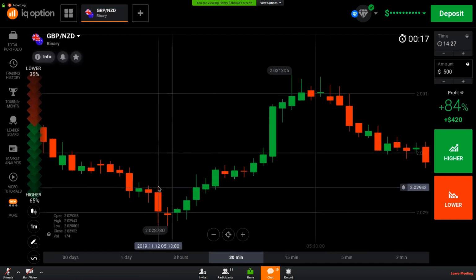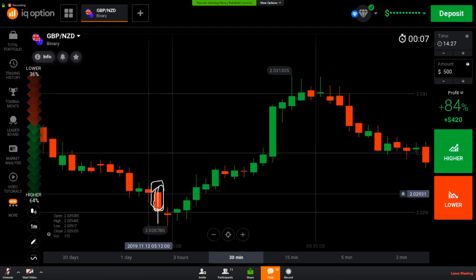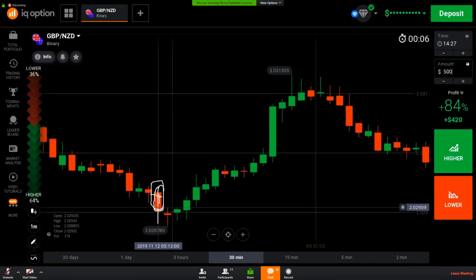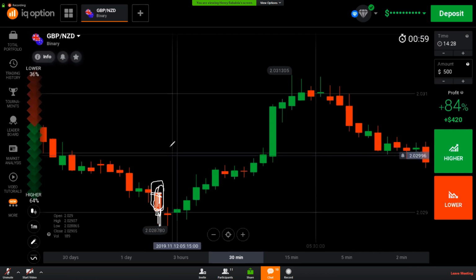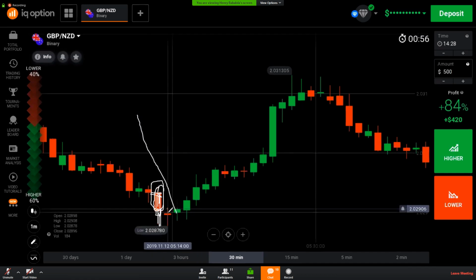Now, this is a very strong bearish candle, because if you compare this body with this, it shows that the sellers are strong, even though buyers are in this candle, but the sellers are very, very strong. And you know that it's a downtrend. That is why the next candle continues.